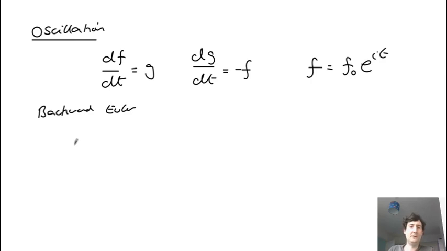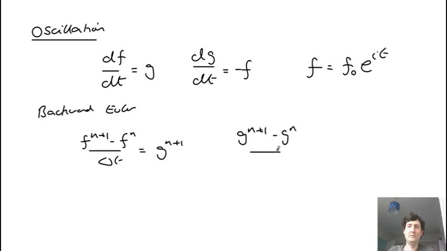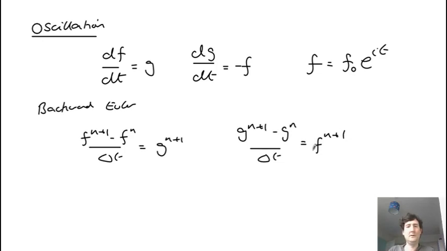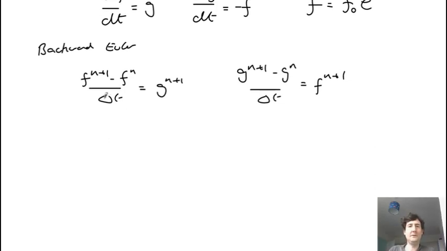So it's backward Euler, so we can do the same. This is fn plus 1 minus fn over delta t is gn plus 1. I'm just doing the first equation here. And the second one is gn plus 1 minus gn over delta t is minus fn plus 1. Then we rearrange this equation, again multiplying through by delta t.